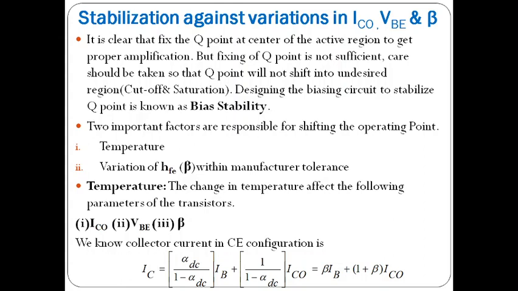So here we know this alpha by 1 minus alpha equals beta. So we replace alpha by 1 minus alpha with beta, and 1 by 1 minus alpha is replaced with 1 plus beta. It is already derived in the previous video lectures. So we can say IC equals beta IB plus 1 plus beta ICO. This is the collector current.